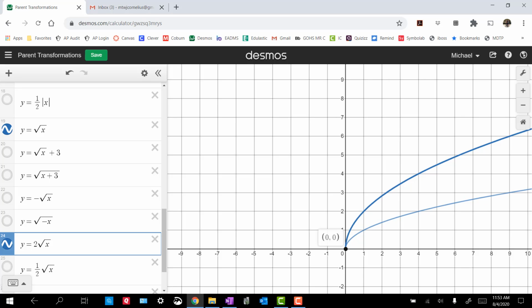So normally, again, the parent was up 1 over 1, up 1 over 3. The new one is up 2 over 1, up 2 over 3, up 2 over 5. Okay?